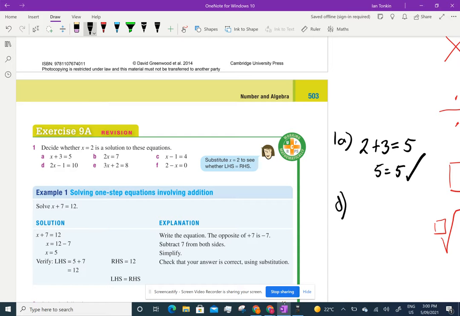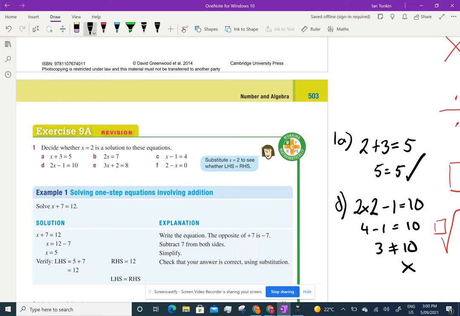Okay, let's try the next one, d. Now remember there's a multiplication sign between that 2 and that x. 2 times, we put the 2 where the x is, minus 1. Well, 2 times 2 is 4. 4 minus 1. And we're trying to see if this equals 10. 4 minus 1 is 3. 3 does not equal 10.